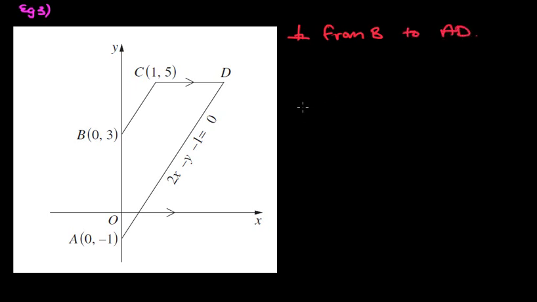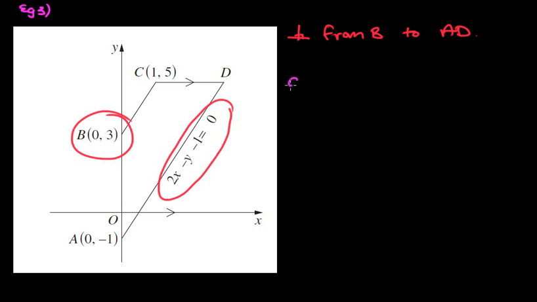Okay, so again, you can see I've been given a coordinate, which is B, which is (0, 3). I've been given my straight line, which is 2x minus y minus 1, which thoughtfully they've already put into general form for me, so that's nice and easy.